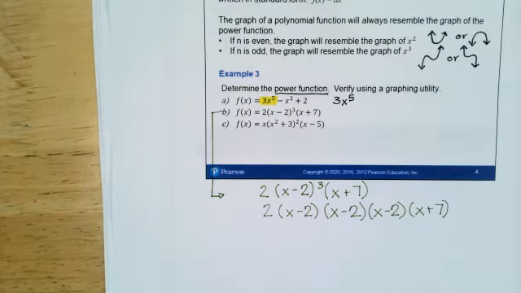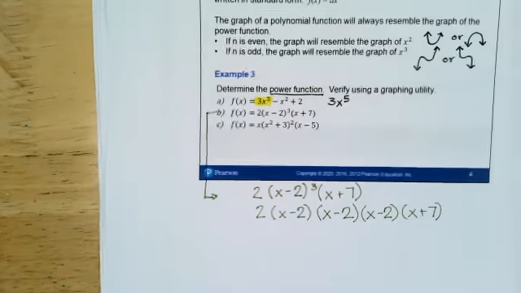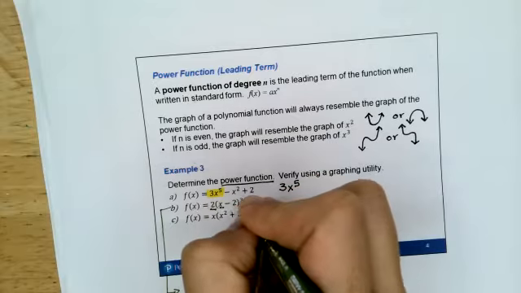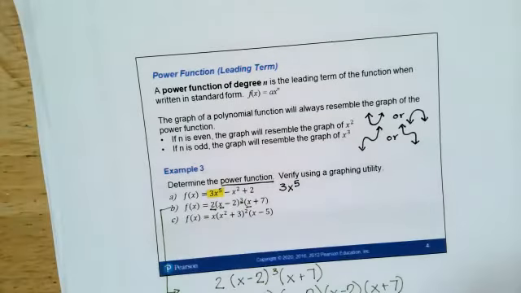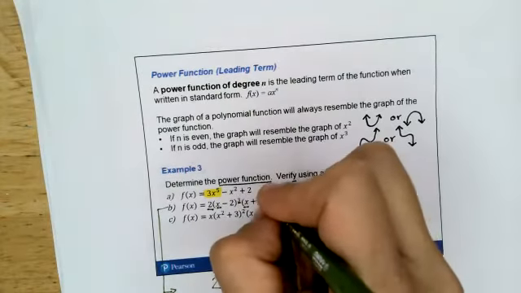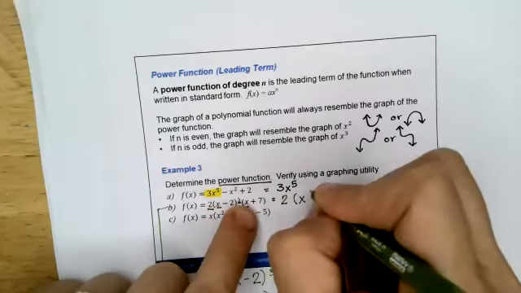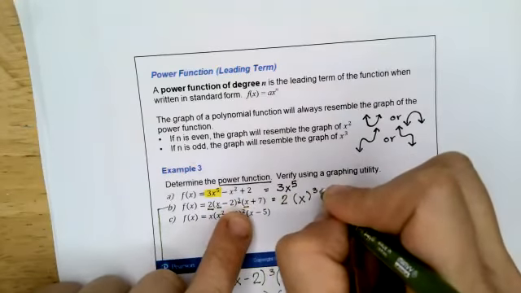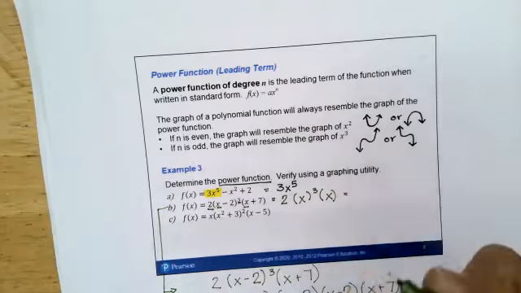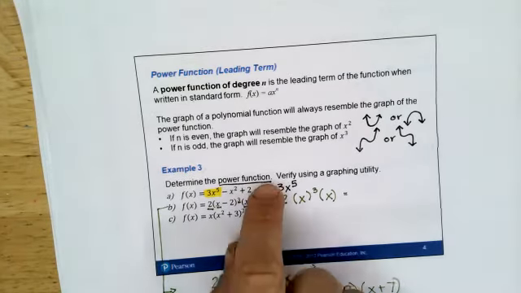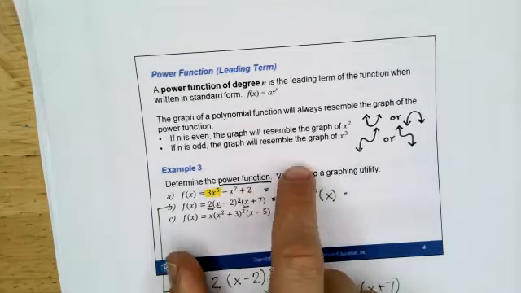Or you could just look at your leading terms, okay? Your leading terms are the 2, the x cubed, and the x. So that becomes 2 times x cubed times x. Okay, because we're only interested in what the first term is going to be, right?